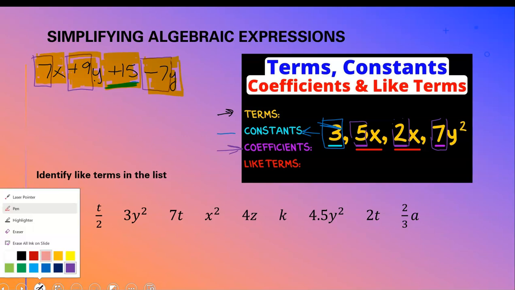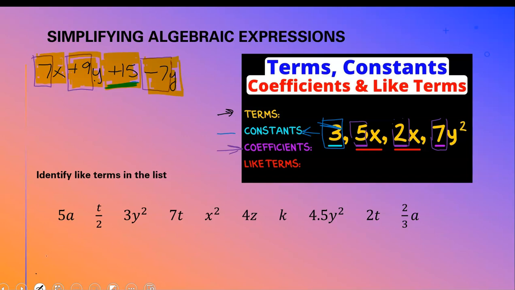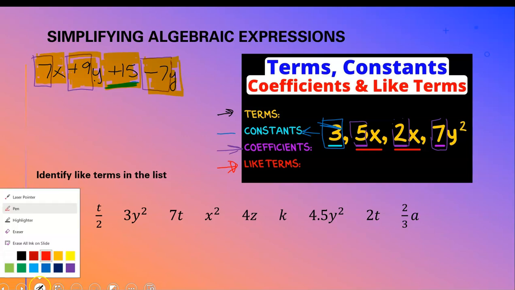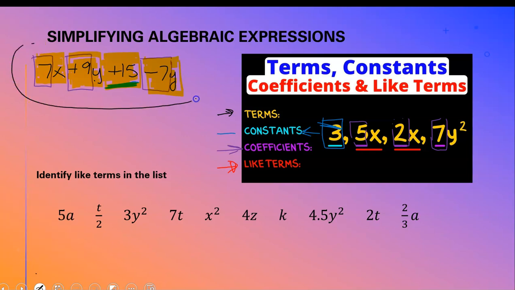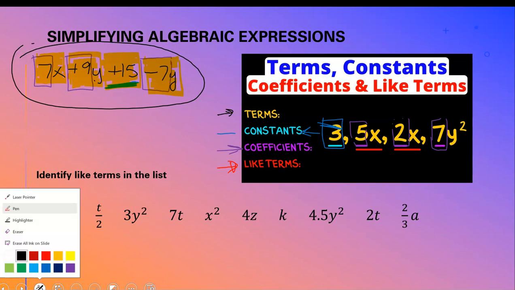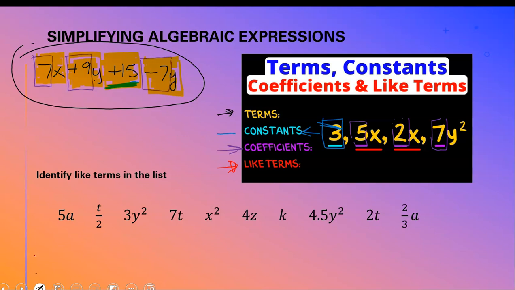Lastly, what we're going to be working with more so here is something called like terms. In order to simplify algebraic expressions, what we're doing is we're taking an expression that we see, such as this one we have here, and we are reducing it down to a form that's easier to read or easier to look at. Again, going to the right example here.